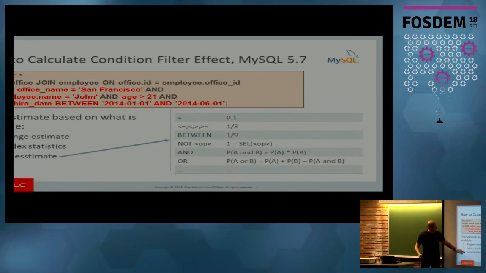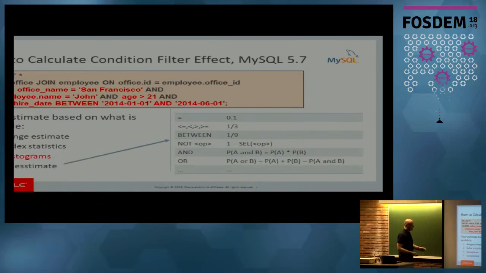And we added in 5.7 some guesstimates here that said that if it's equality, it's 10%. If it's some less than, it's 1/3 and so on. Just to have some estimates here, because some filtering is better than no filtering. Often, if you have one table with some filtering and one table without any, you would prefer to start with the one with some filtering.